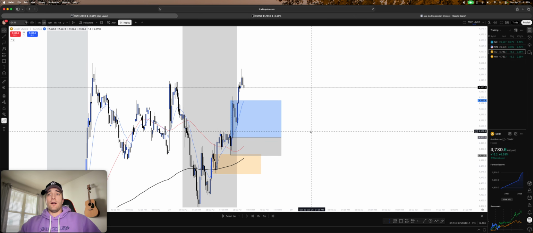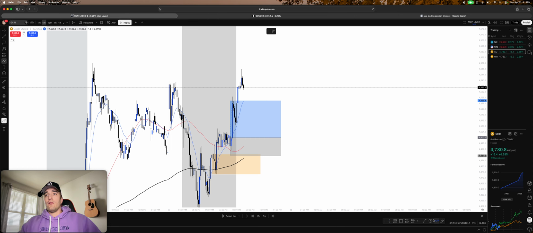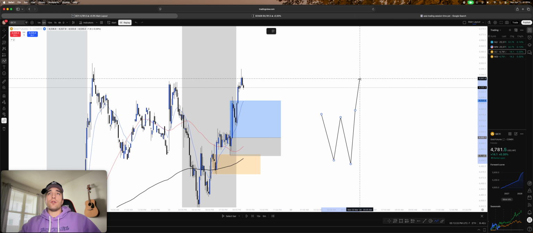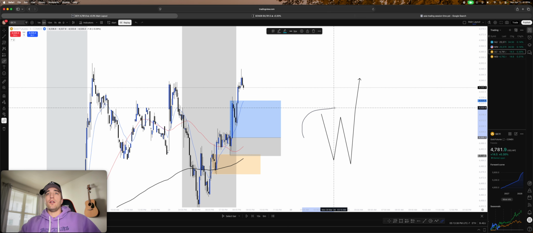Basically I'm looking for a double bottom, and then I wait for a candle closure above the 13 EMA, this blue line, and I hit buy with my stop loss below the candle.